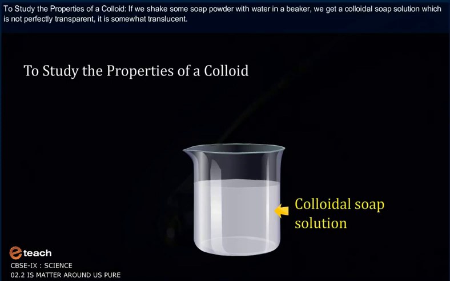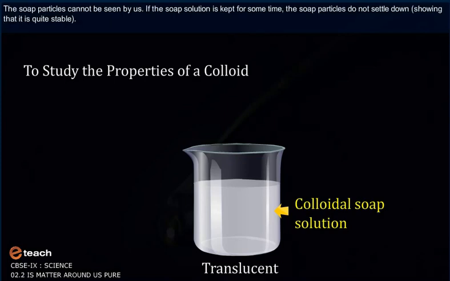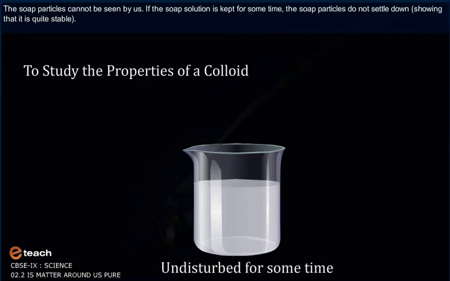It is somewhat translucent. The soap particles cannot be seen by us. If the soap solution is kept for some time, the soap particles do not settle down, showing that it is quite stable.